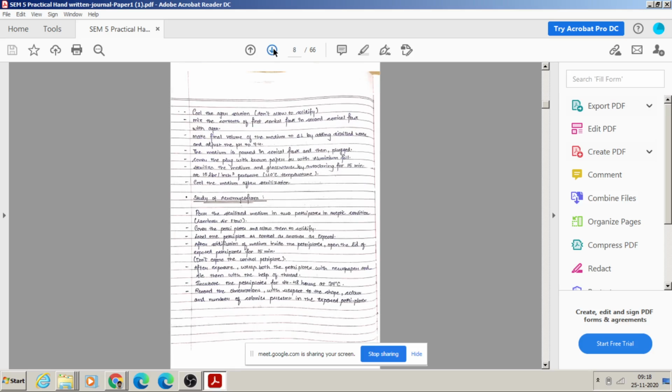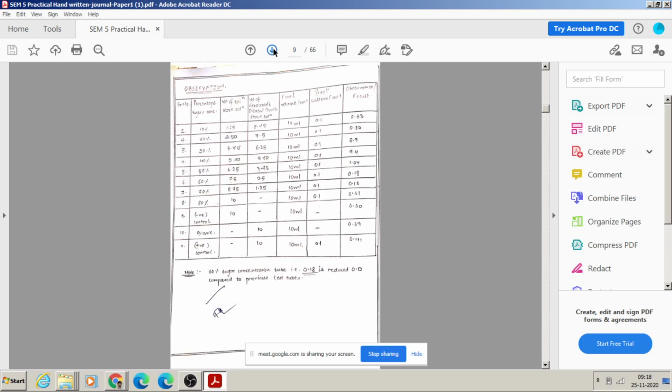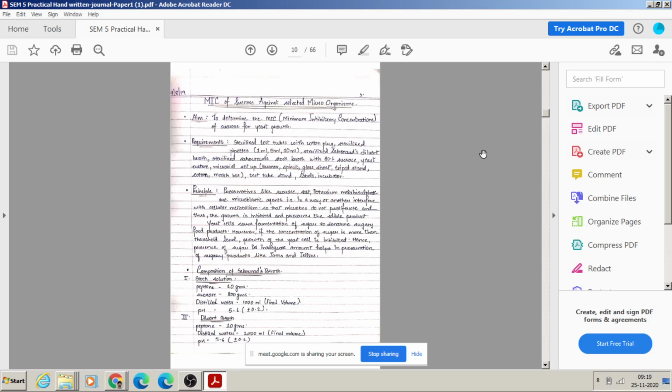And for that purpose you need a culture medium, basically a medium in which a microorganism like a bacterium or fungus is grown, selected for testing the minimum inhibitory concentration. Our experiment is related to testing the sucrose concentration.